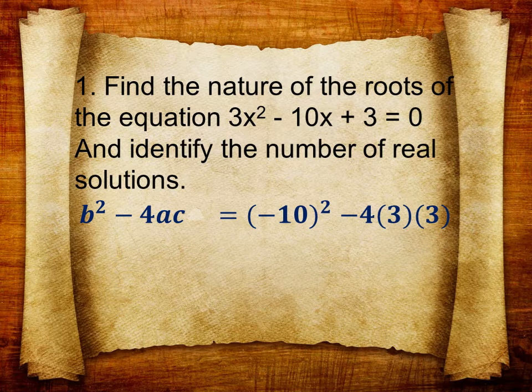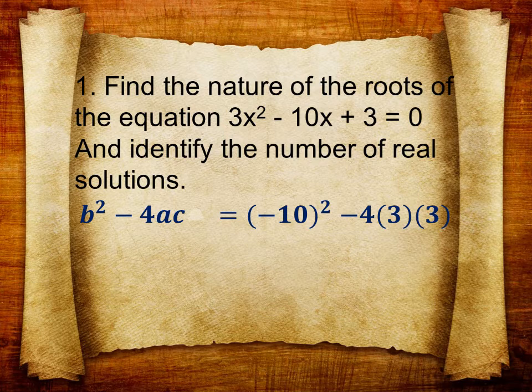It is already substituted there. You have negative 10 squared as your b squared, minus 4 times your a, which is 3, times your c, which is 3 also. Minus 4 is as is.